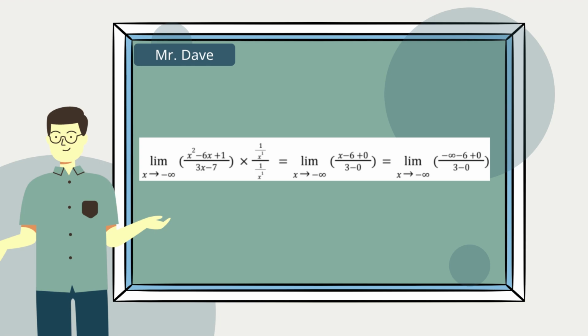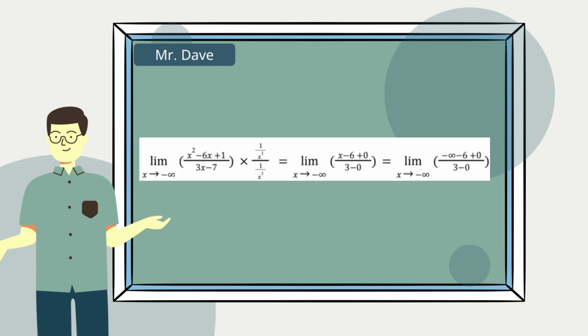So equals the limit of (x - 6 + 0) over (3 - 0) as x approaches negative infinity, which equals the limit of (negative infinity - 6 + 0) over (3 - 0) as x approaches negative infinity.